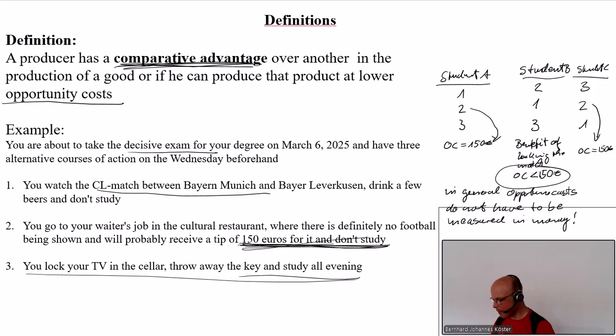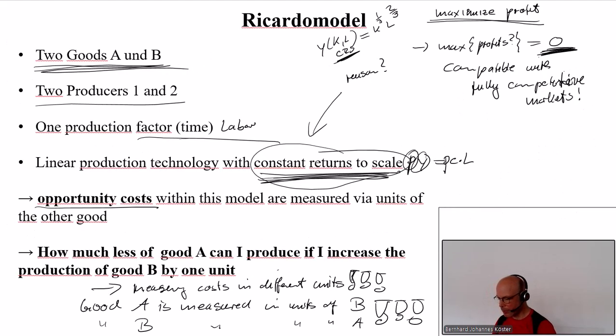And within the Ricardo model, we look at two goods we can produce with one production factor, which is labor. This labor we are measuring in time.